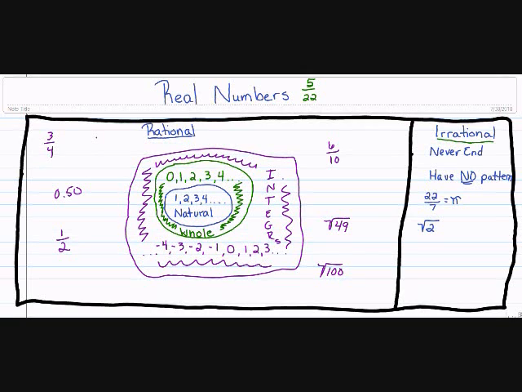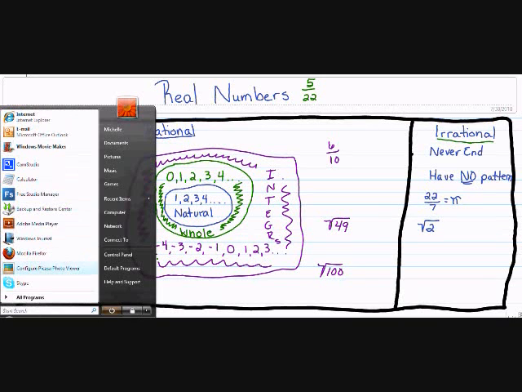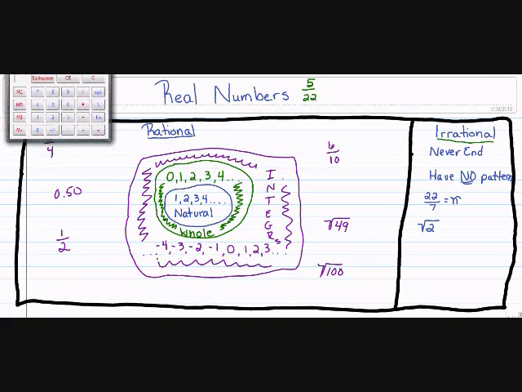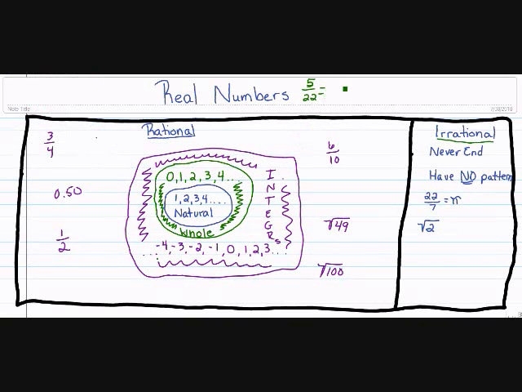If you were to divide it, let me go ahead and bring up my calculator here. I plugged in 5 divided by 22 and hit the equal sign. Notice it says 0.227272727272, and this 3 is because it's rounded. That means it has a pattern, so it's a rational number.